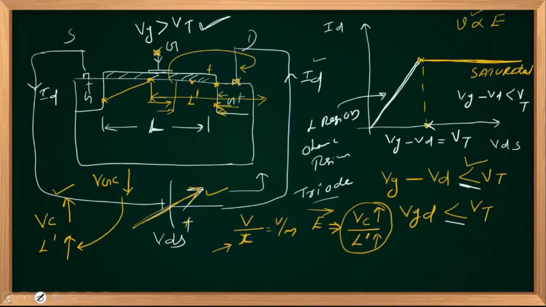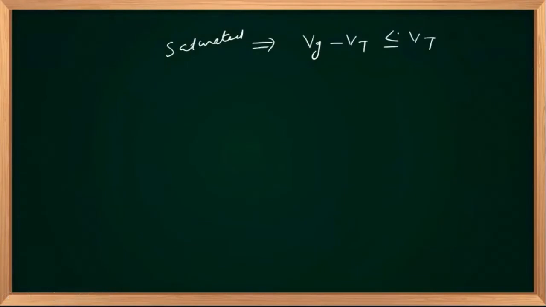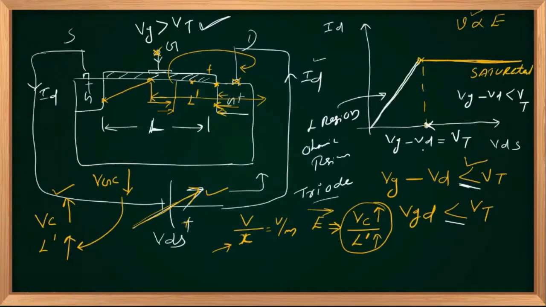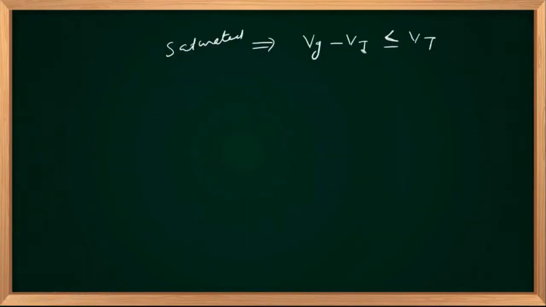So the condition was nothing but Vg minus Vd less than or equal to Vt, which implies the current in the transistor is saturated. That is clear. Onset of saturation is at Vg minus Vd equal to Vt, and that is valid if Vg minus Vd is less than Vt. Is that clear?